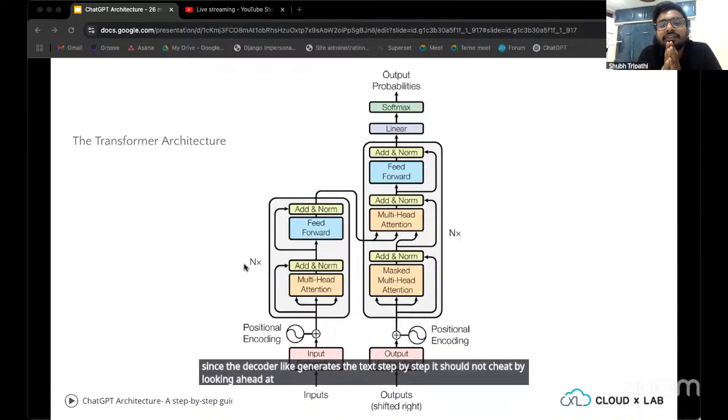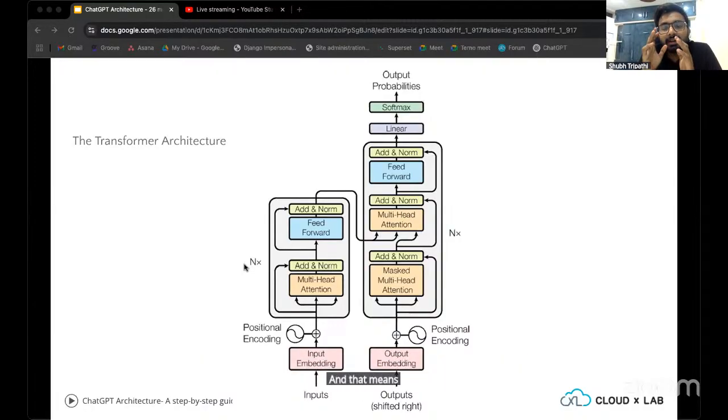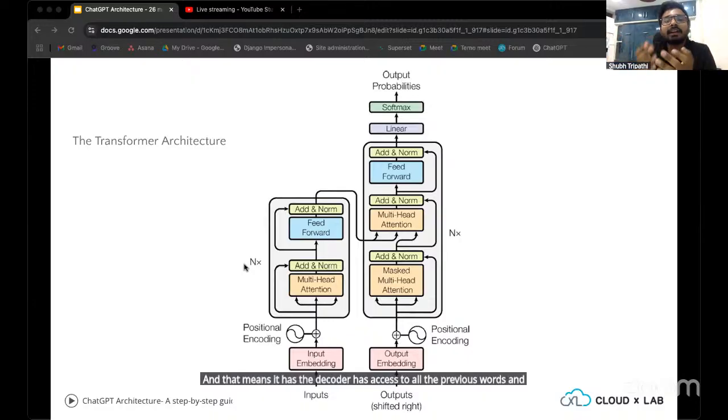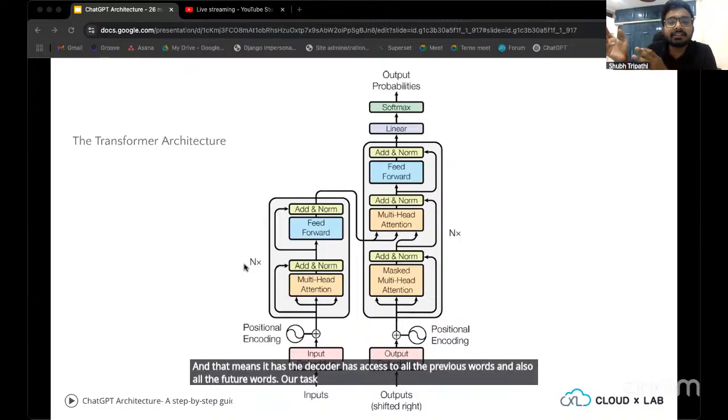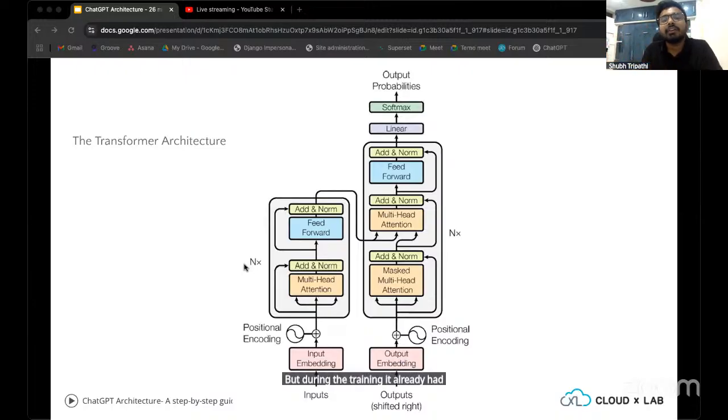Because during training, entire sequences are passed to the model, and that means the decoder has access to all the previous words and also all the future words. Our task here is to predict the next word, but during training it already has access to the next word. So we generally mask those words so that the decoder does not see them during training.